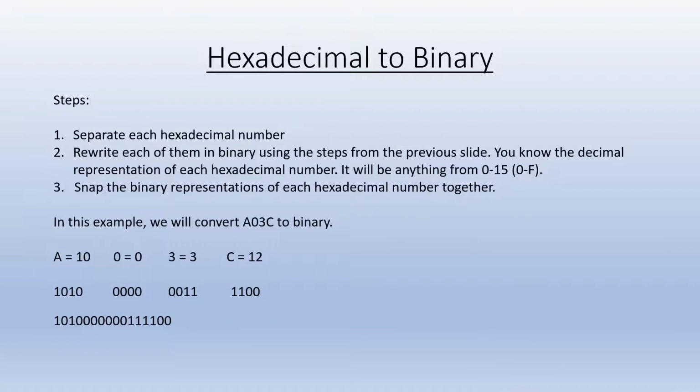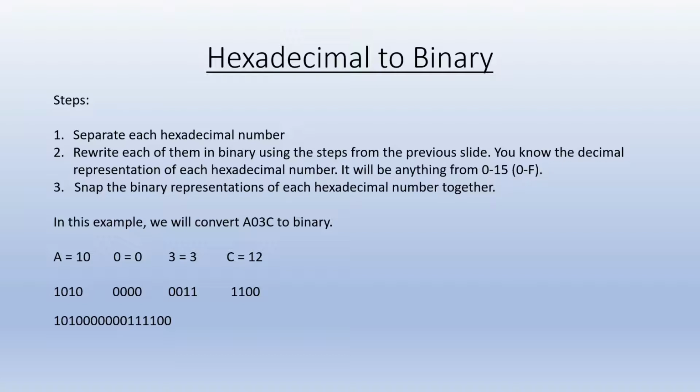So, to convert between hexadecimal to binary, the first step is you're going to separate each hexadecimal number. You're going to rewrite each of them in binary, basically using the steps from the previous slide. You're going to convert the decimal representation of the hex numbers to binary.